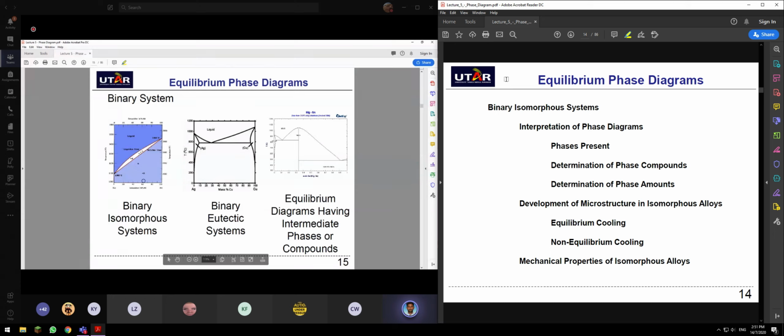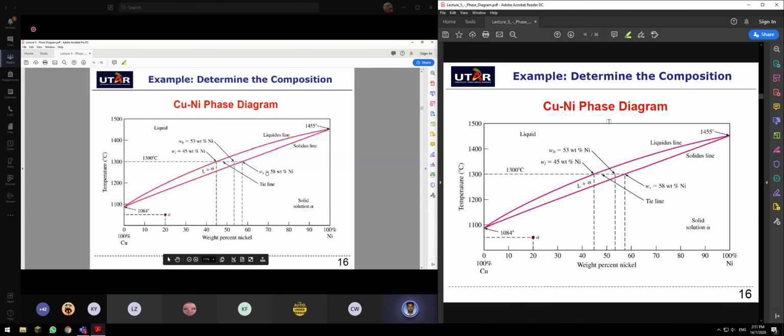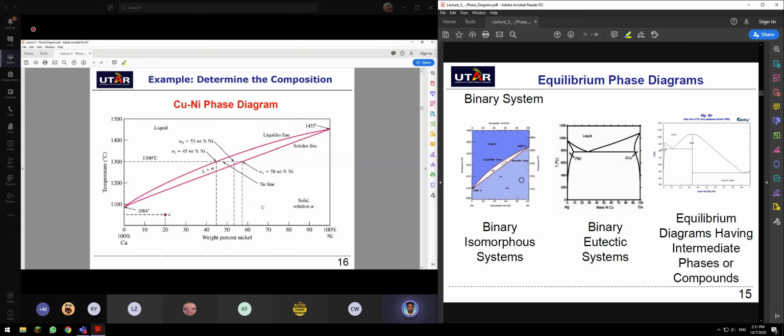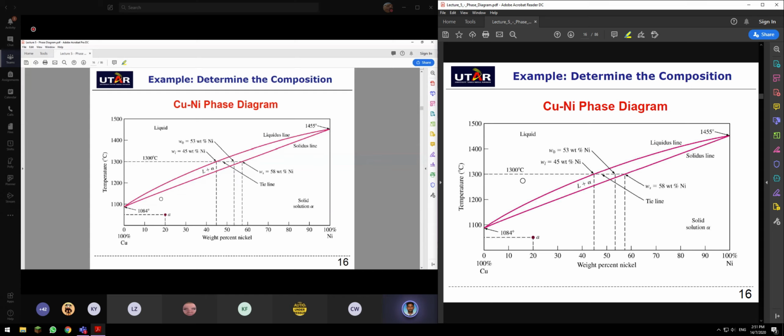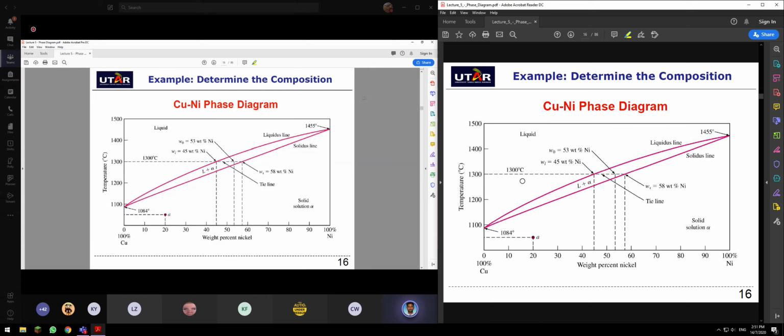At first we look into the binary isomorphous system, and let's see what I can interpret here. If you look at slide number 16, this is the copper-nickel phase diagram.